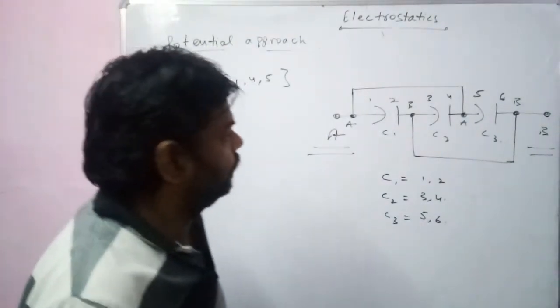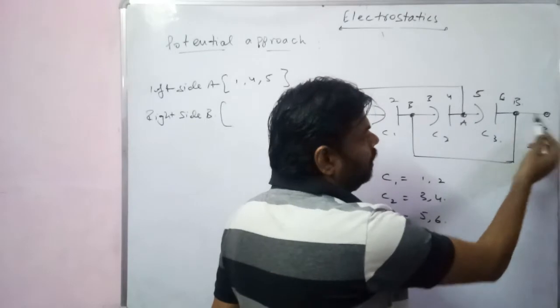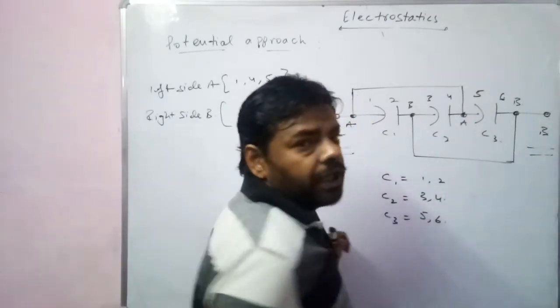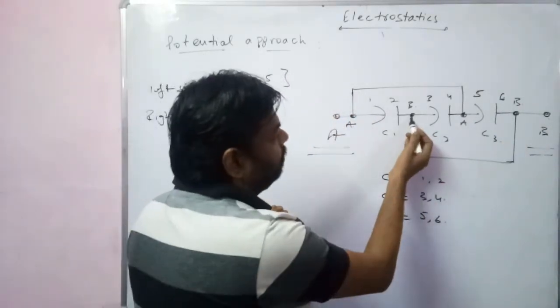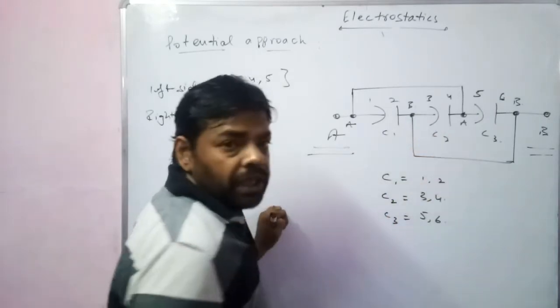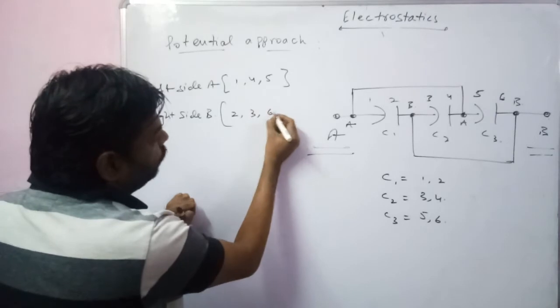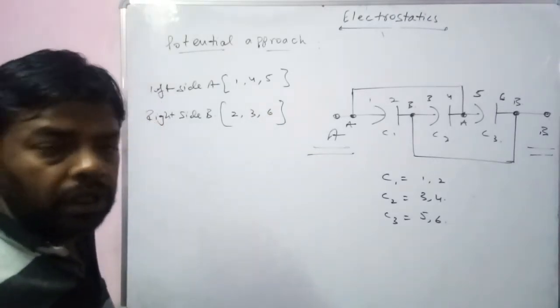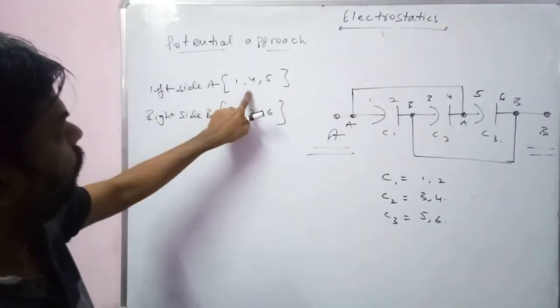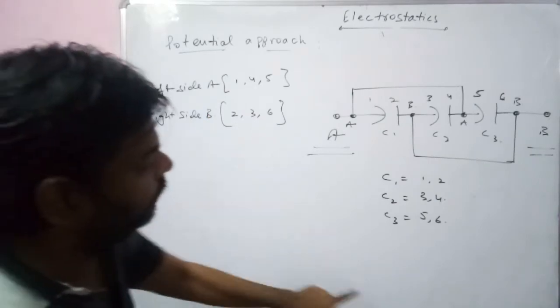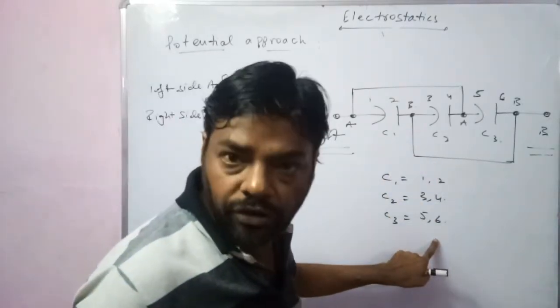Now, the plate 6 is connected with B. The plates 2 and 3 are connected with B. So 2, 3 and 6 are connected with B. Now count the plates: 3 plates from A and 3 from B, in total 6. The total plates available are again 6.